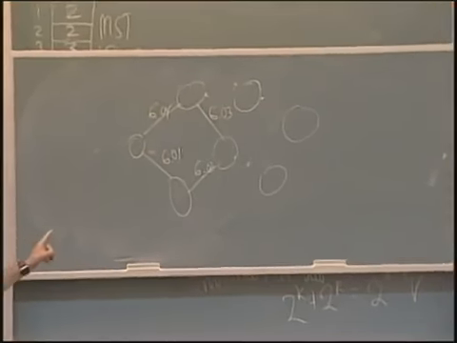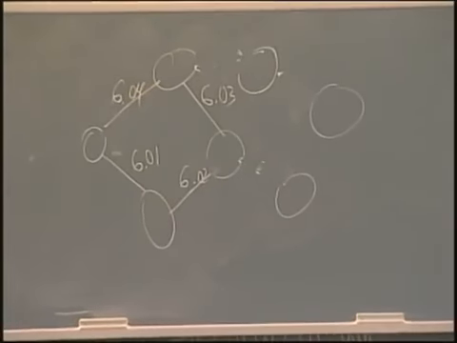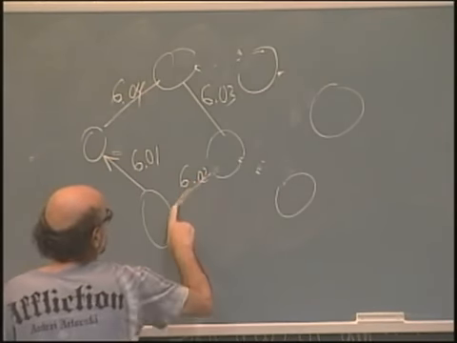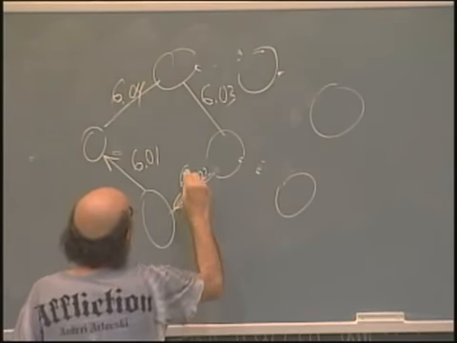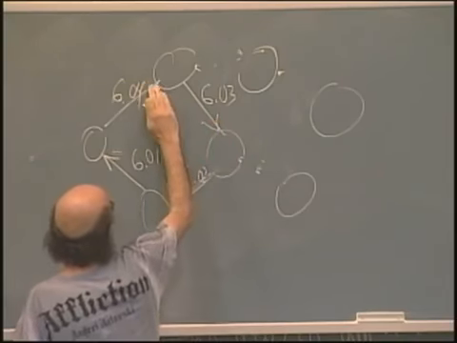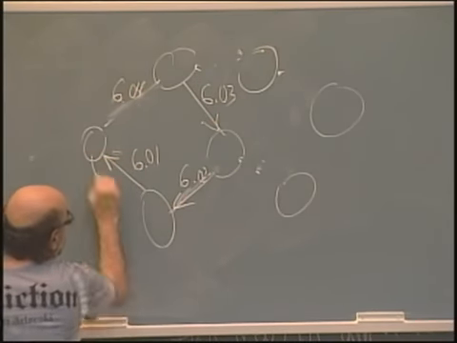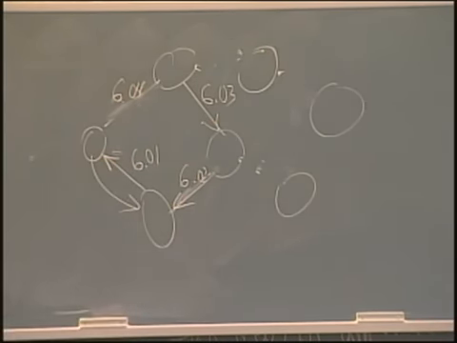Therefore, this will choose this one and not this one. This may choose this one. This will choose this one. This will choose, okay? So there are going to be no cycles. Am I clear? If there are no ties, no cycles.